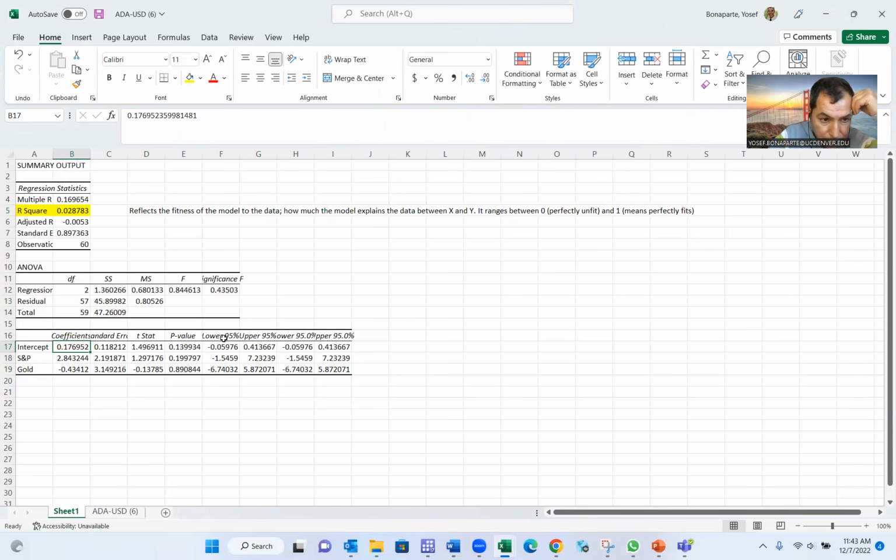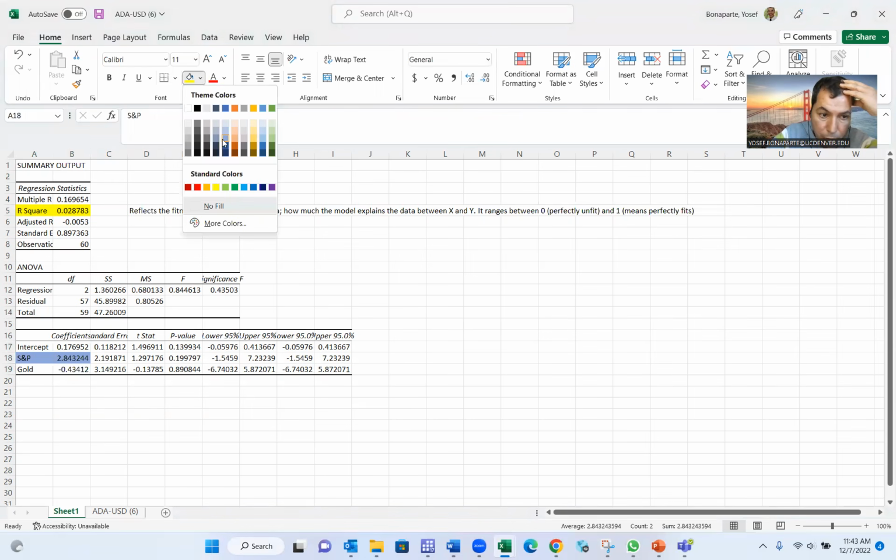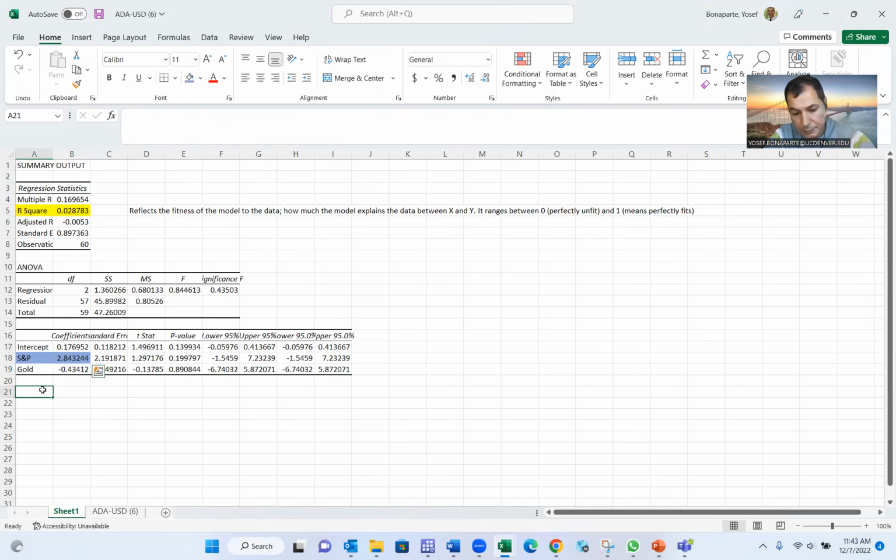That means Cardano tends to move positively with gold and S&P. Now here I want to stop a little bit. The blue, this is your beta.